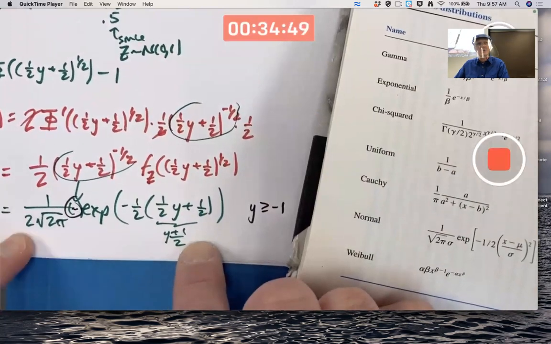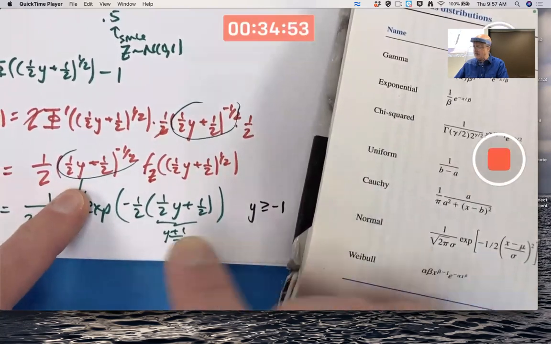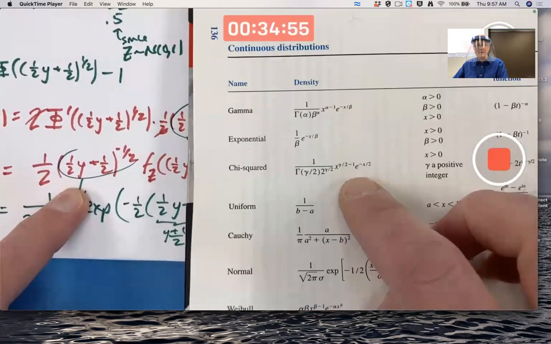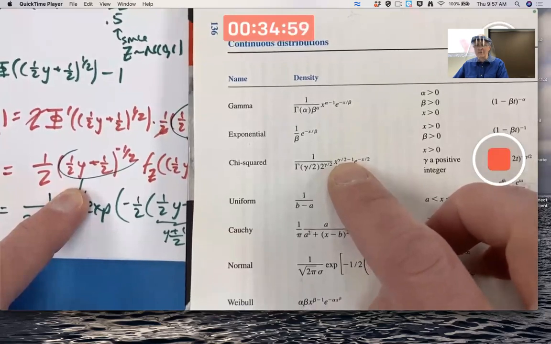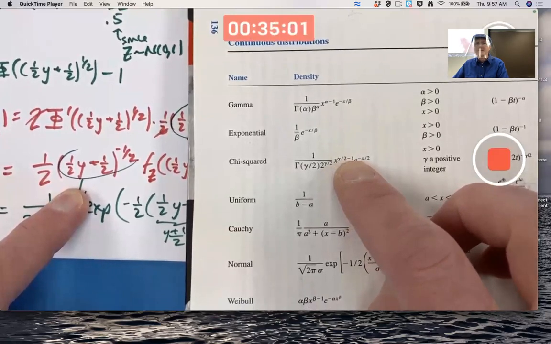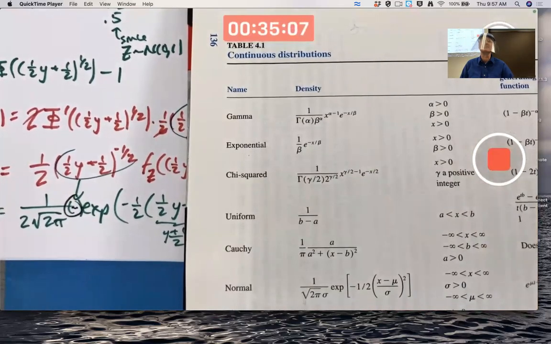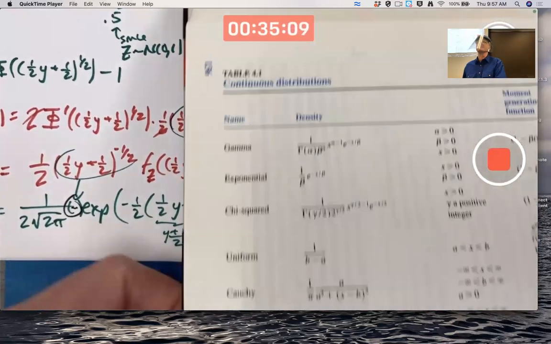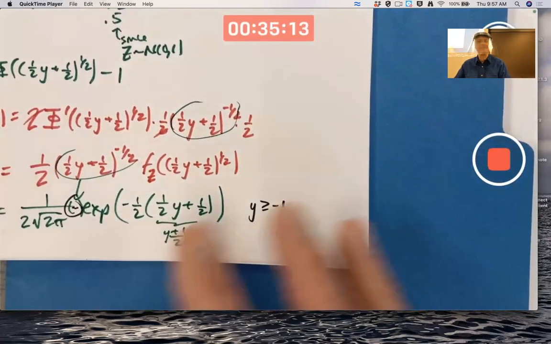Maybe that's where the extra 2 down there comes from as well. And this part here, the x gets replaced by 1/2 y plus 1/2, and little gamma is 1. 1/2 minus 1 is -1/2. So it's kind of like a transformed chi-square with 1 degree of freedom. Not exactly chi-square, but a transformed chi-square.